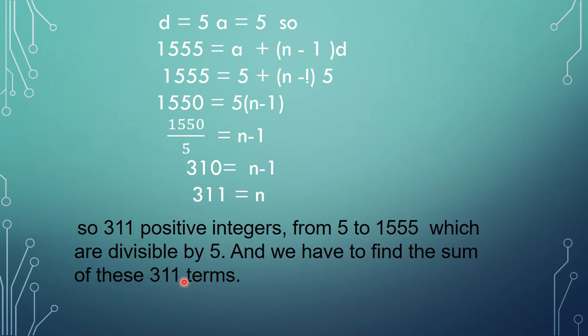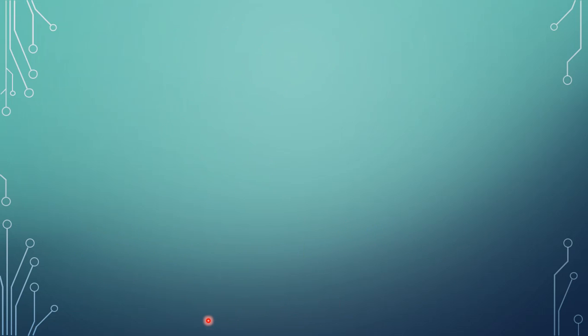So we can use the formula Sn is equal to n upon 2 into 2a plus n minus 1 into d. We put the values: n is 311, a is 5 and d is also 5. By putting the values we get the sum. So let's put d is 5, a is 5 and n is 311.